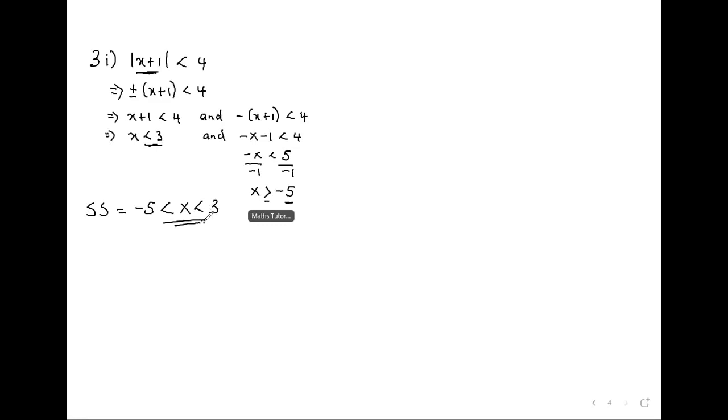This is the solution set. Just keep in mind that every time we divide by a negative, the inequality will change.